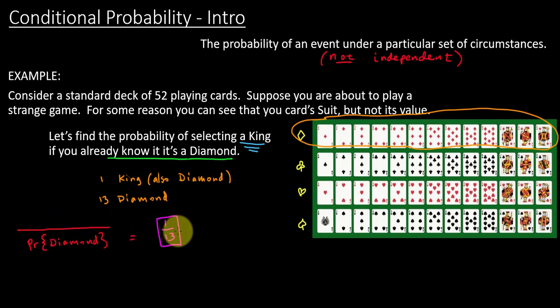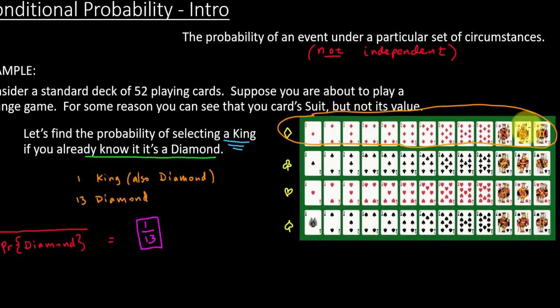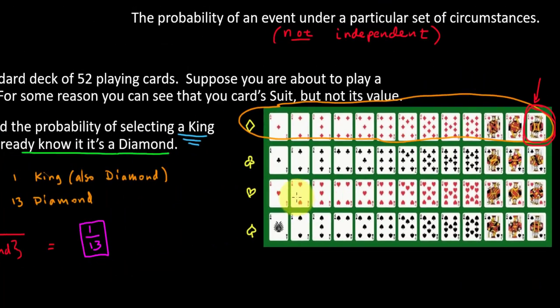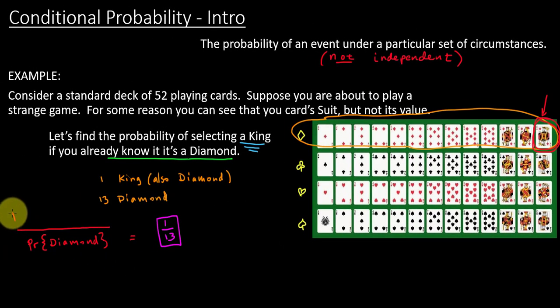In the numerator, we limited ourselves to those 13 diamonds, and we asked, well, how many of them are a king? Well, there was only one king. It's also a diamond because we're limited to that. So in the numerator, we essentially determined the probability of getting a king intersection a diamond.